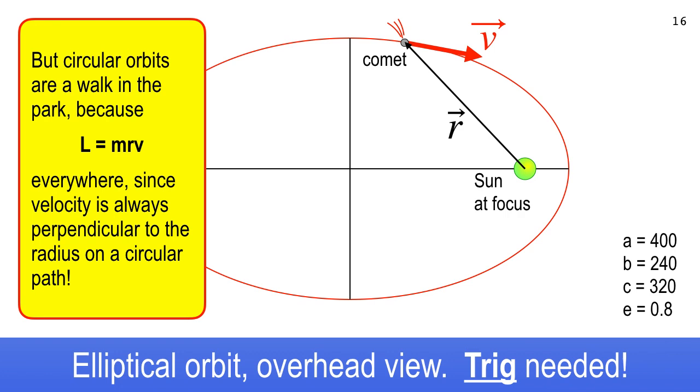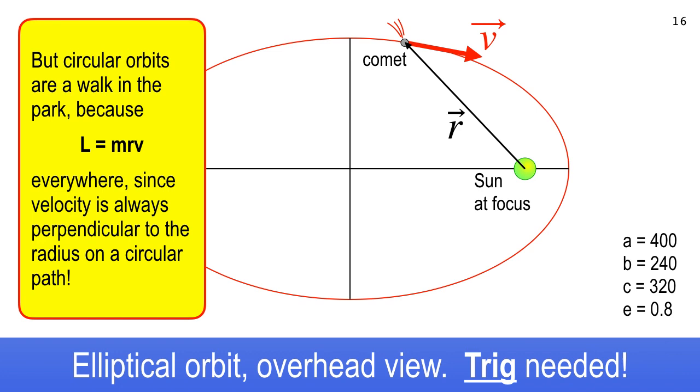And those 2 points are aphelion, the furthest point, and perihelion. And so the r is smaller for perihelion, but the v is bigger. And the m is the same. The r is bigger for aphelion, but the v is smaller.